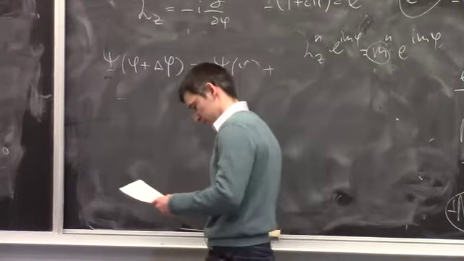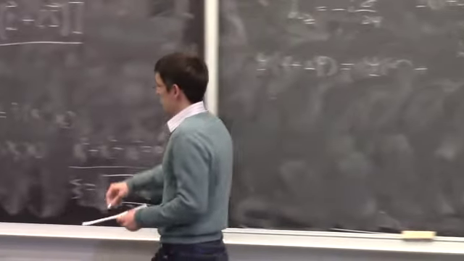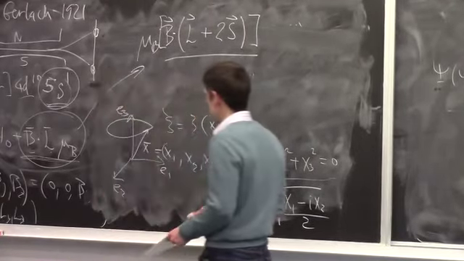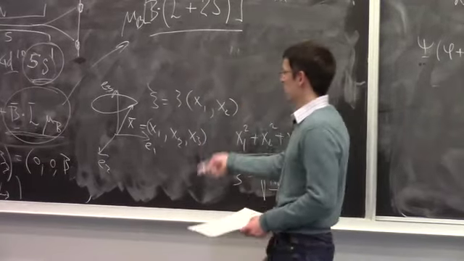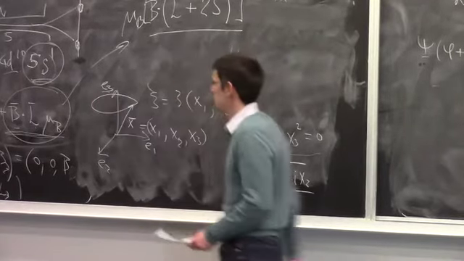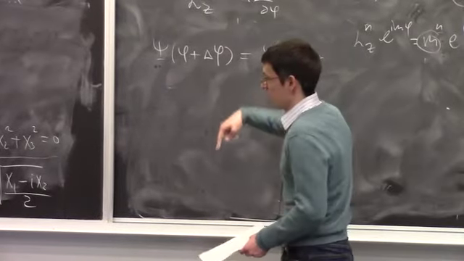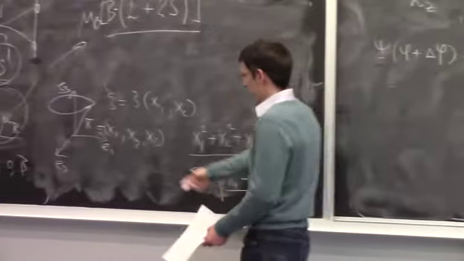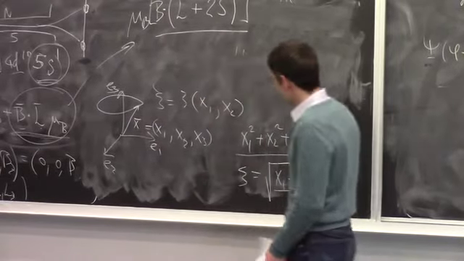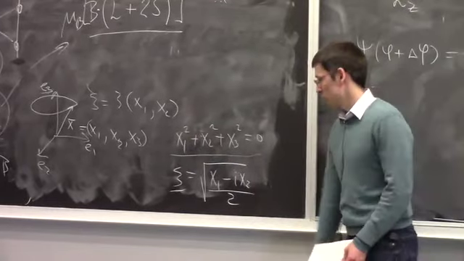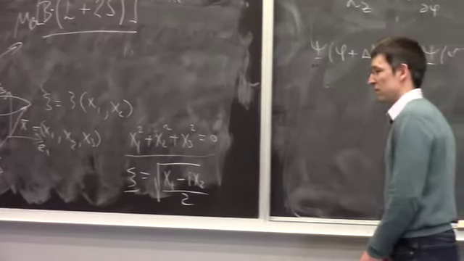Well, if I want to just rotate the vector, for simplicity, around the z-axis by 2 pi, the vector comes back to itself, and x will become x. Nothing will change. But this simple function, which contains the square root, will change its sign.